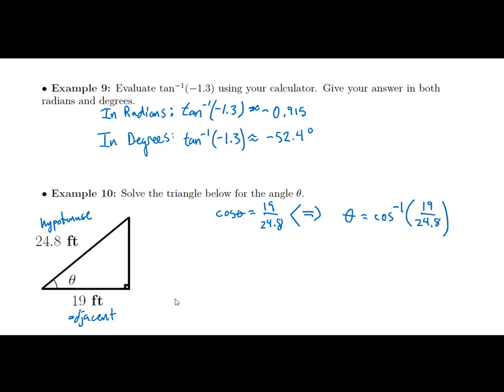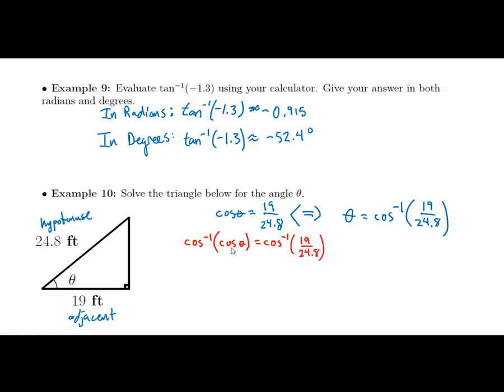To view it more from the standpoint of applying an operation to both sides of the equation, we could have thought of this as, let's take the cosine inverse of the cosine of theta. And that's okay as long as we also take the cosine inverse of 19 over 24.8.